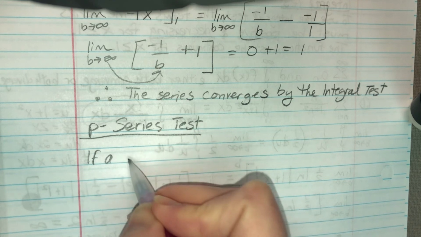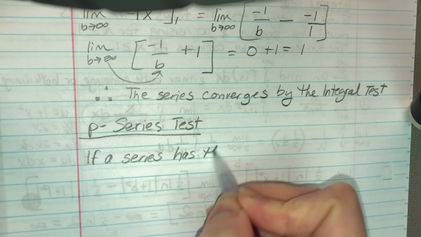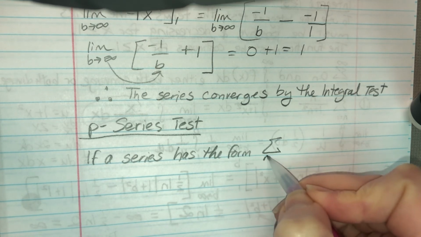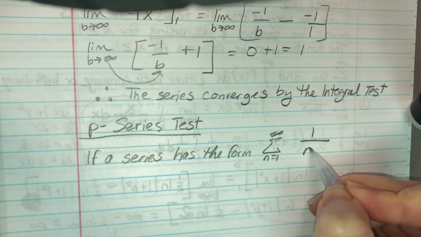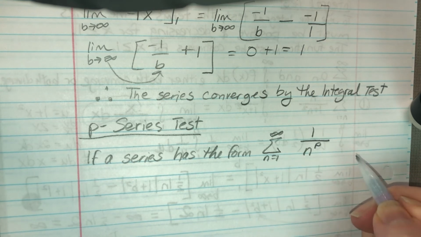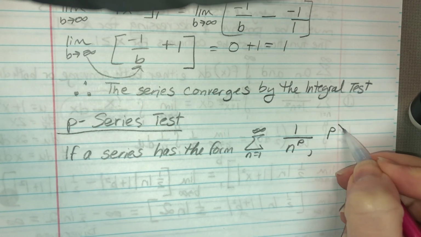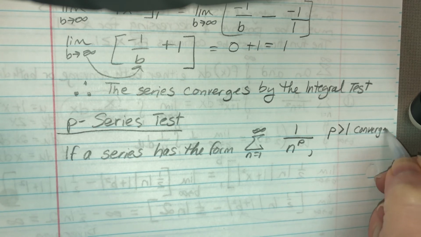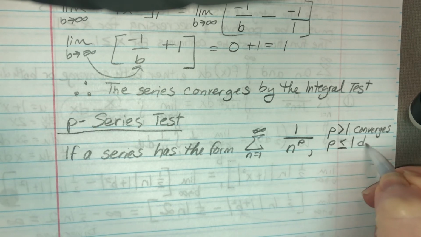If a series has the form sum from n equals 1 to infinity of 1 over n to the p power, then when p is greater than 1, the series converges. When p is less than or equal to 1, the series diverges.